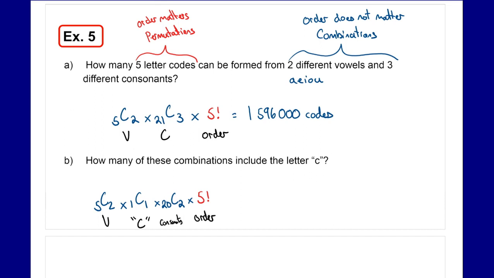Right, I'm only allowed 3 in total. I've chosen 1 for the C. The other 2 are going to be from that 20. And then we multiply by the 5 factorial because of the 5 different spots that we could place our letters, or the 5 different positions for arrangement. In this case, we get 228,000 codes.